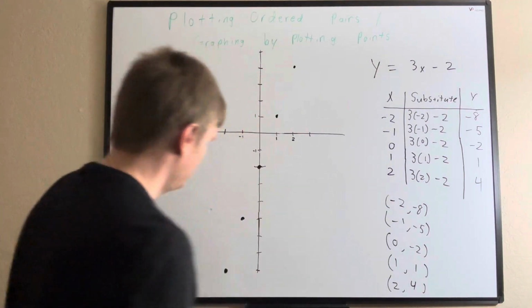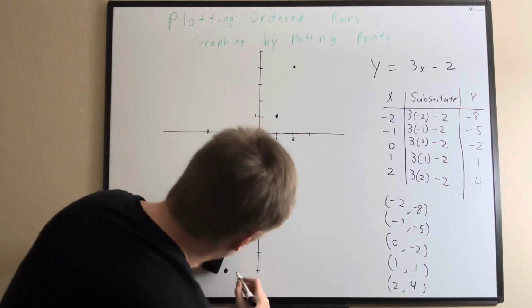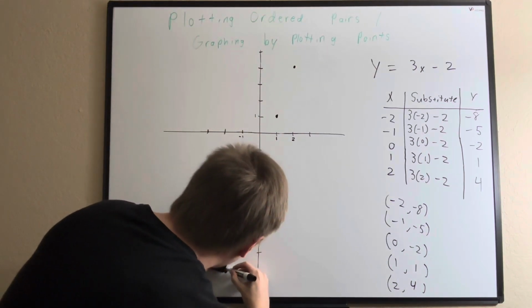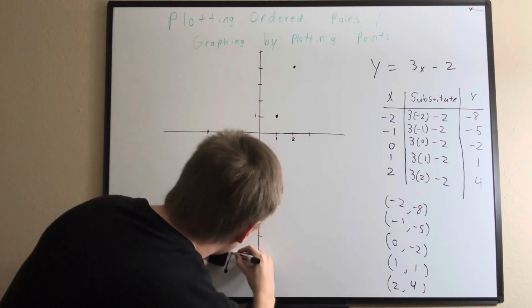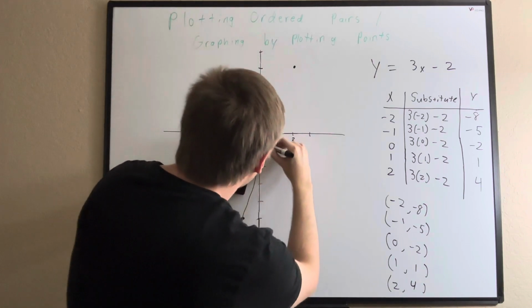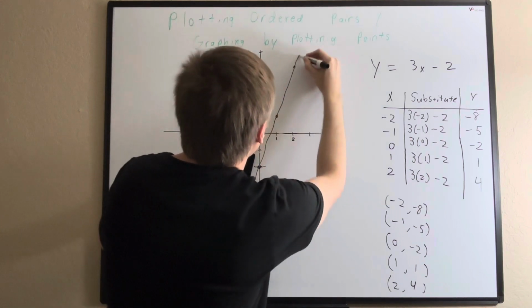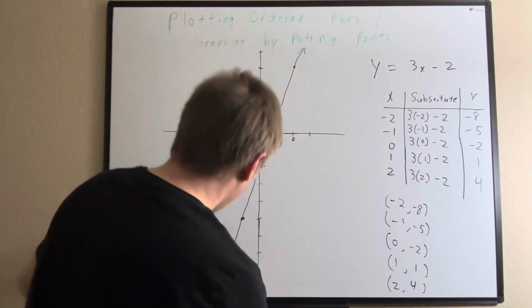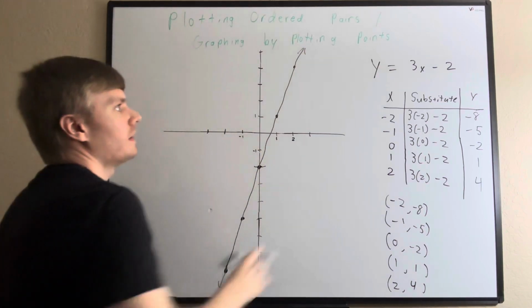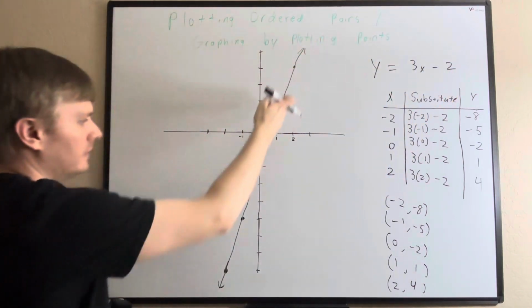Well, now what do we do? We kind of eyeball it, try and connect the dots in a perfect line. Well, okay, not so perfect a line, but you see the point. This function represents a line.